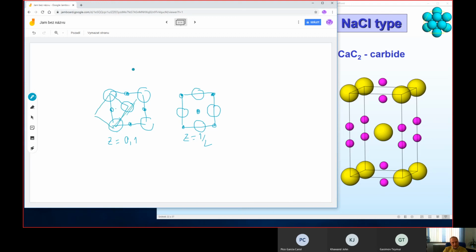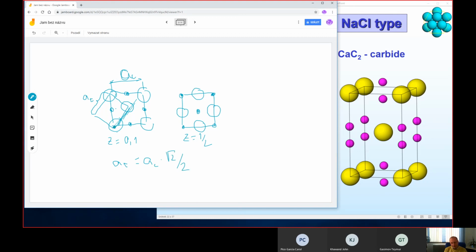So it is the face diagonal divided by 2, the new lattice parameter. So this is A tetragonal, and this is A cubic, and A tetragonal is A cubic times square root of 2 over 2.